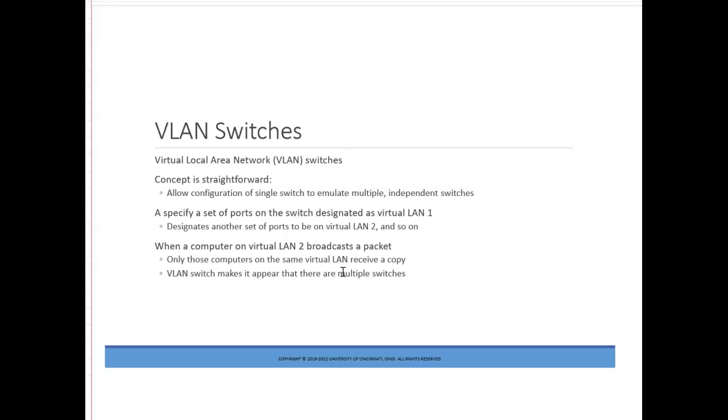When a computer on virtual LAN 2 broadcasts a packet, only those computers on the same virtual LAN 2 will receive a copy of that packet. Once configured, a VLAN switch makes it appear that there are multiple smaller switches on the network.